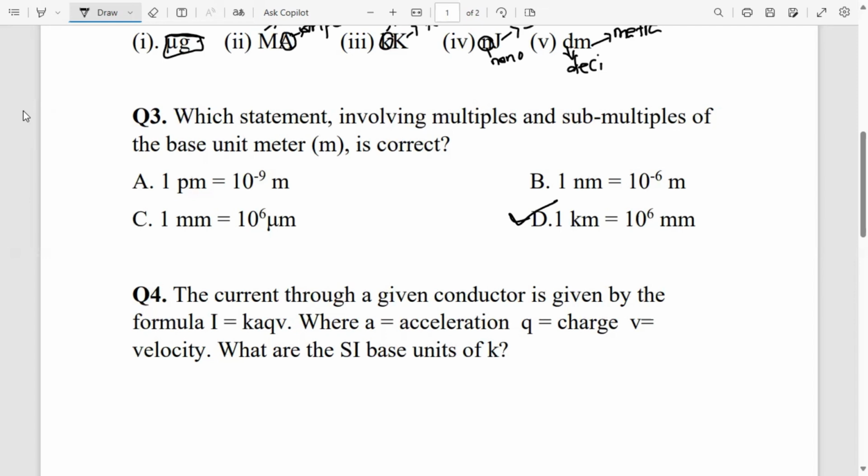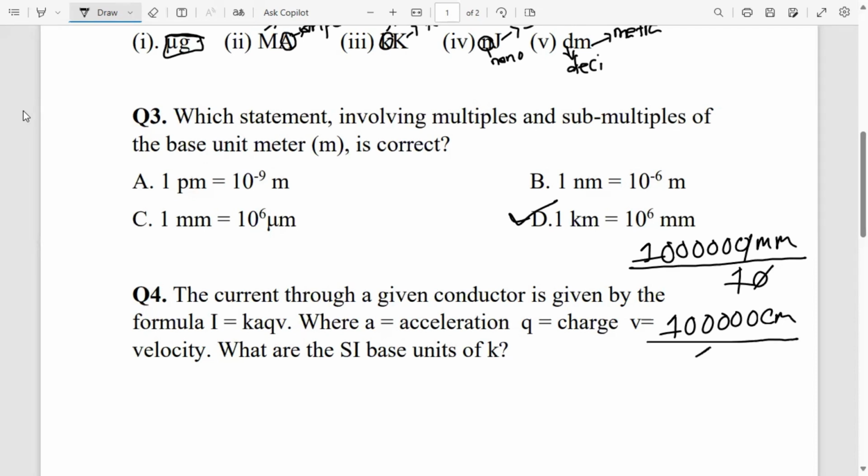If I have 10 power 6, which is 1 million millimeters, and I want to convert these to centimeters, I'll divide them by 10. One zero will go, I remain with 100,000 centimeters. I divide these centimeters by 100 to convert them into meters. 2 zeros will go. I'll remain with how much?